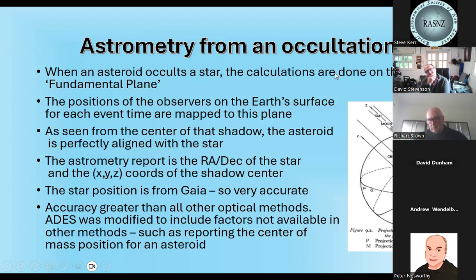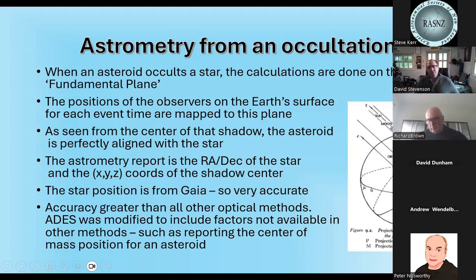You predict where the star and the asteroid are, and the prediction puts a shadow on the fundamental plane, generating the position of the shadow on that plane, and you transfer it onto the surface of the Earth.